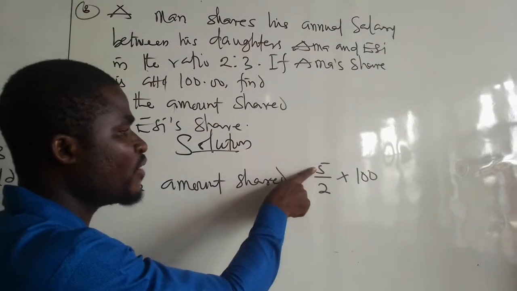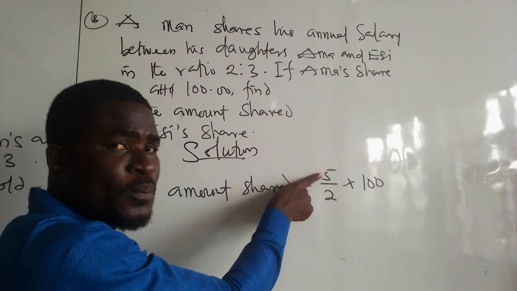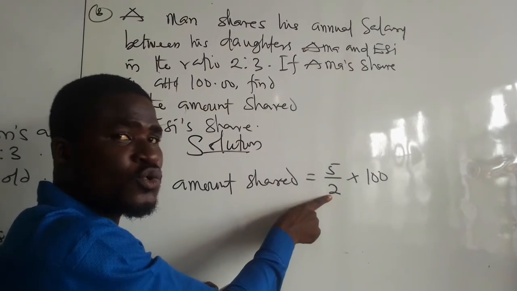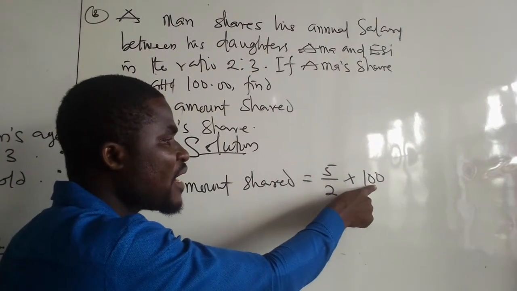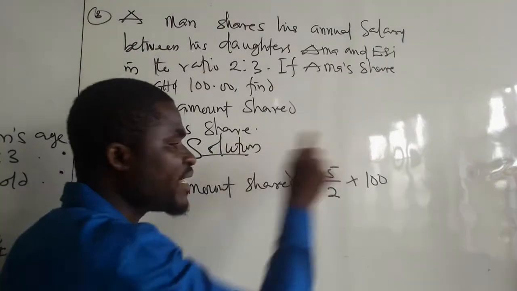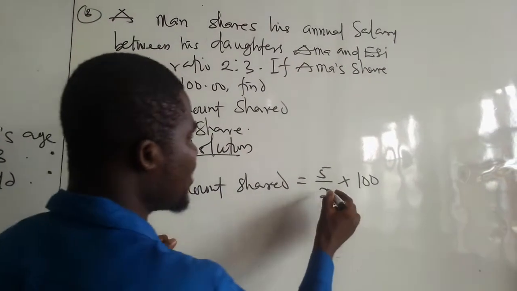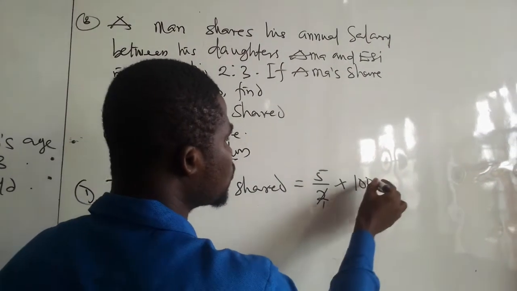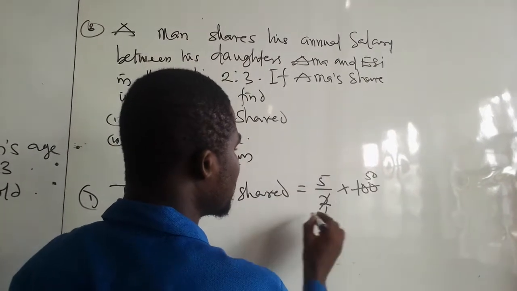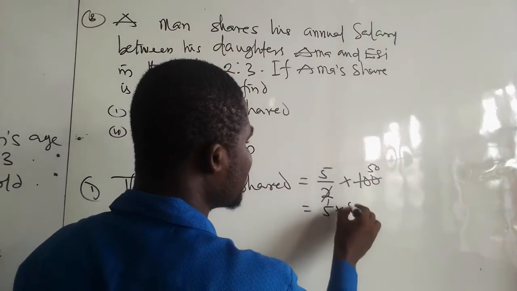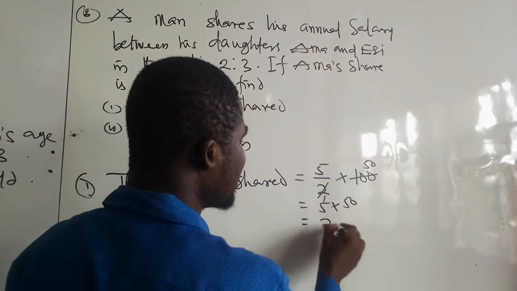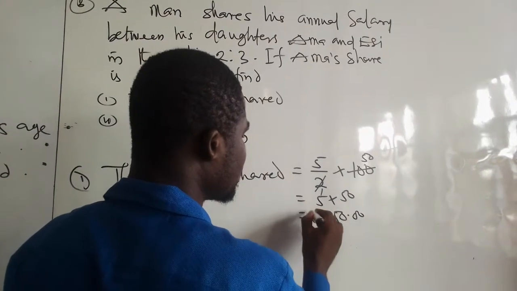So total ratio over Amber's ratio times Amber's share. So we are going to have 2 goes here 1, 2 goes to 100 is 50. Now 5 times 50 will give us what? 250 Ghana cedis.